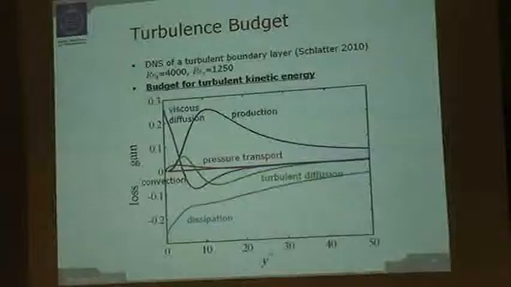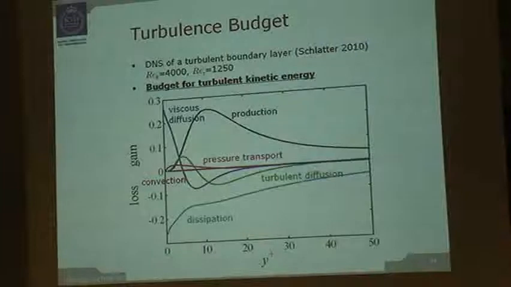Essentially, we have here written down all the various terms that are responsible for the energy transfer in near-wall turbulence. As I said, one important term here is the production term. That's where the energy comes from the mean flow, ultimately from the large scale force.